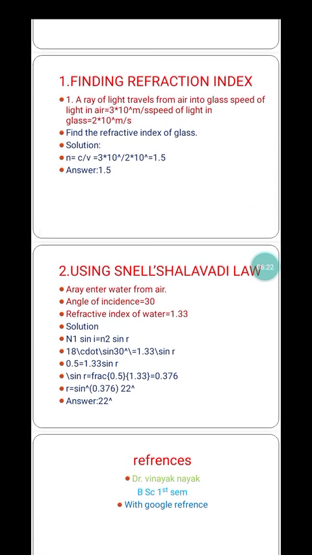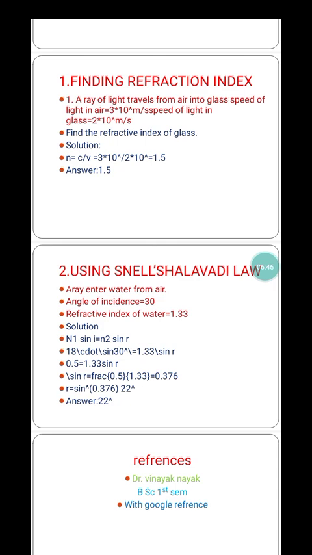Refractive index numerical problems. First one, finding refractive index. A ray of light travels from air into glass. Speed of light in air equals 3 into 10 power 8 meter per second. Speed of light in glass is 2 into 10 power 8.